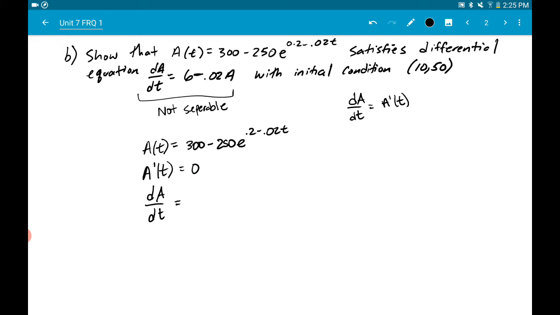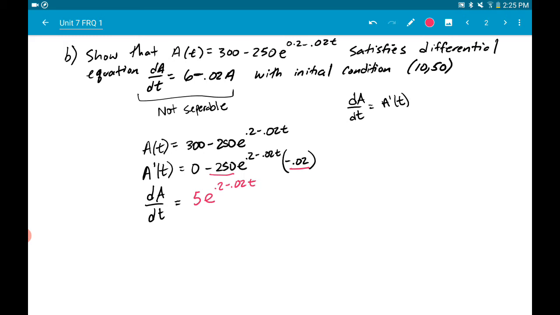The constant goes away, this constant's along for the ride, and the derivative of any exponential is itself, times the chain rule, the derivative of the inside of the argument, so you have an extra negative 0.02 in there. If you combine the coefficients and multiply, you end up getting 5 e to the 0.2 minus 0.02t.